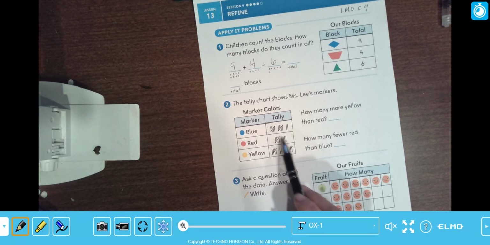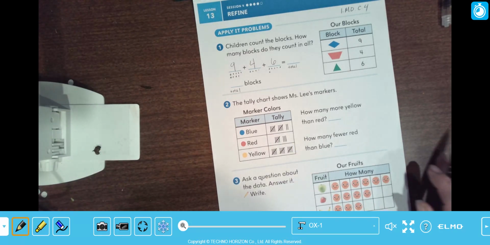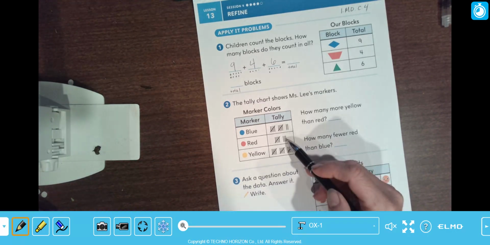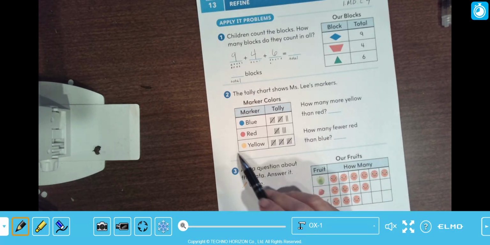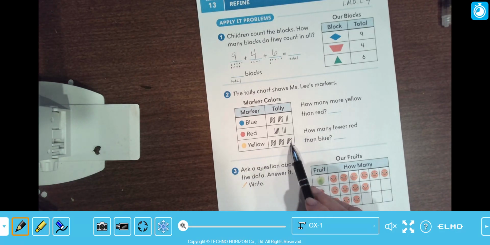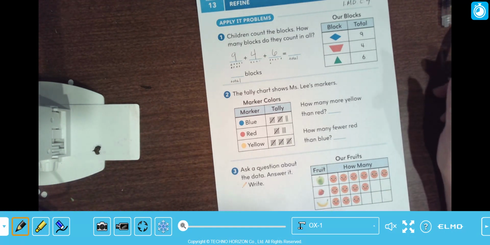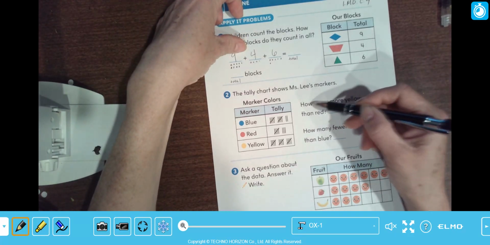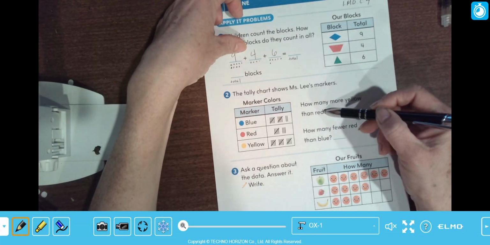So how much is 5 and 3 more? That's 8, right? And yellow is 5, 5, and 5. So how much is 5, 5, and 5? Yes, it's 15.